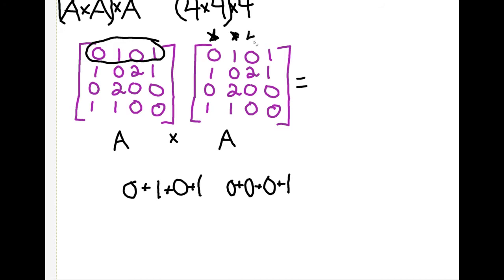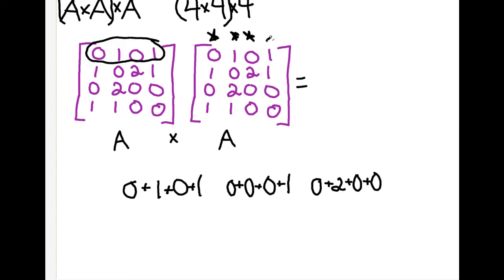Next column. 0 times 0 is 0. 1 times 2 is 2. 0 times 0 is 0. And 1 times 0 is 0.